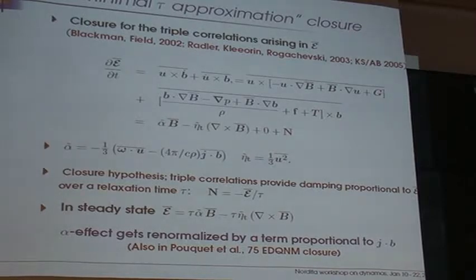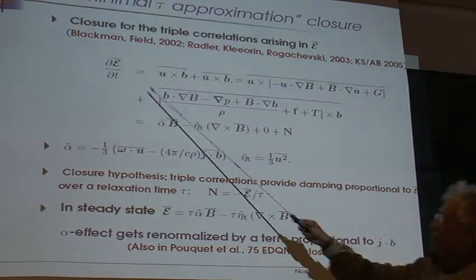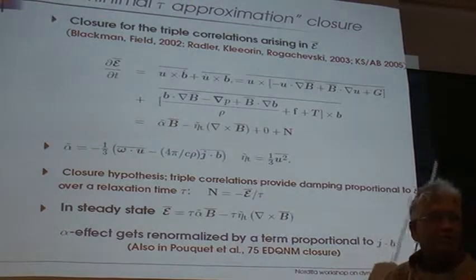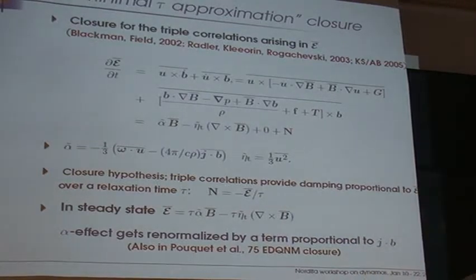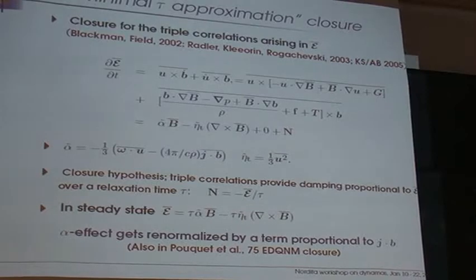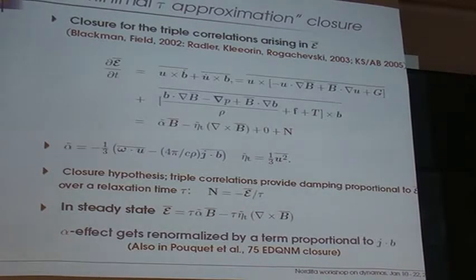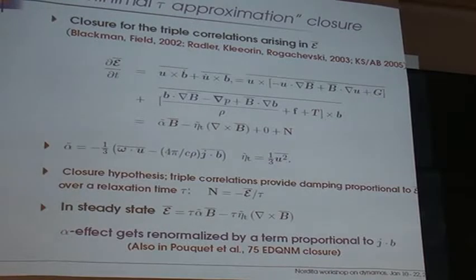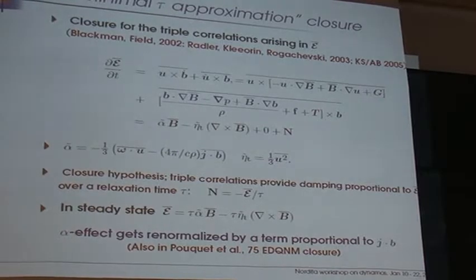What it does is you start with an equation for the derivative of the electromotive force. The turbulence community always starts, when they want to derive an equation for the two-point function, with its derivative. Then you plug in your equations where the derivatives appear, and then you will get your nonlinear terms.